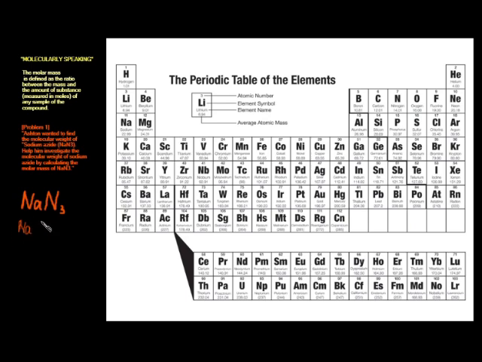So first off, we have sodium. Sodium right here is 22.99. This is rather simple. We would just go 1 times 22.99, correct? Obviously we would do that, but for me, I just write 22.99.